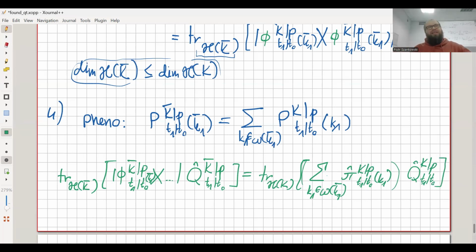All right, so now we can make some choices. On the purely logical, mathematical level, there is no reason to make any connection between the Hilbert space K bar and the Hilbert space K and the elements inside. The only thing is that once you multiply everything and take traces, you must satisfy this phenomenological law here.